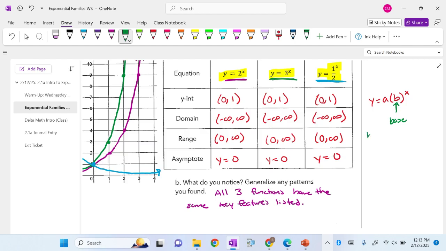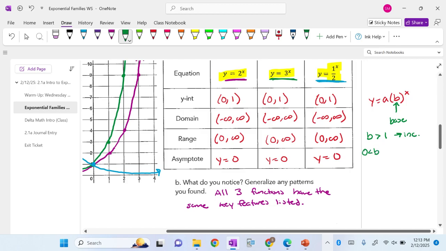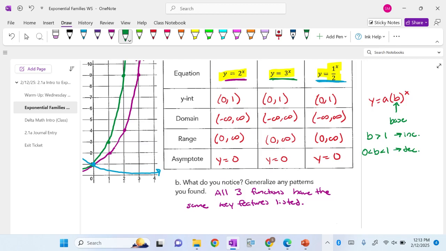Now, if your b value is greater than 1, your graph will increase. But if your b value is between 0 and 1, your graph will decrease. So in other words, if it's between 0 and 1, that means it's a fraction. So basically, your b value is whatever the exponent of the x is connected to.